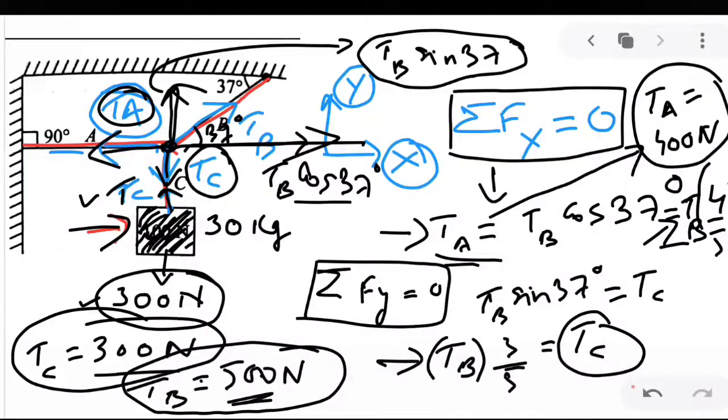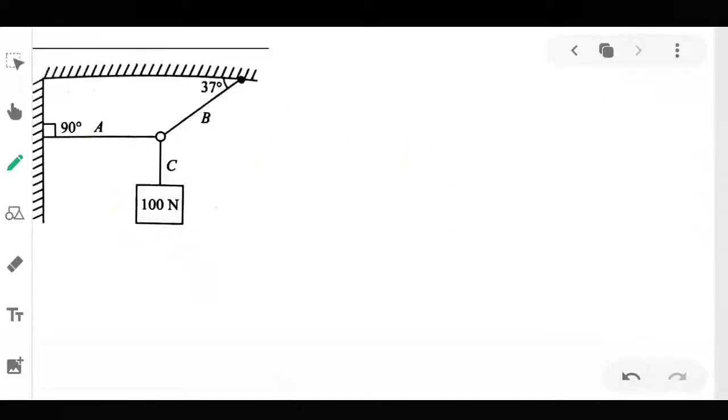Now let us solve this question using Lami's theorem. For Lami's theorem, we need to know a few angles.